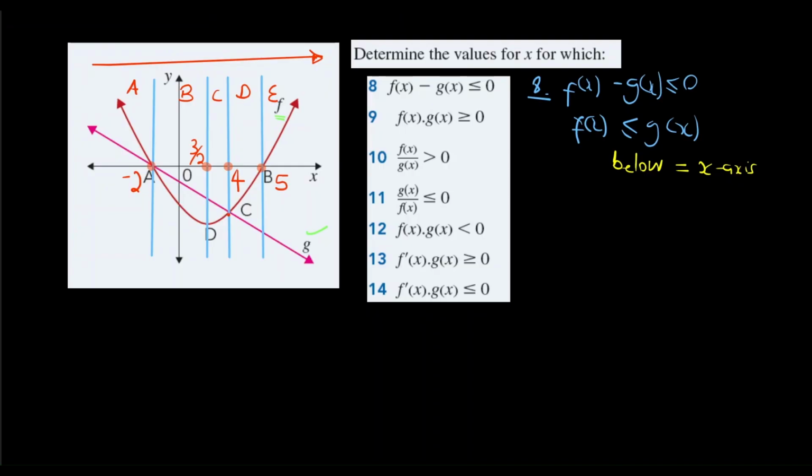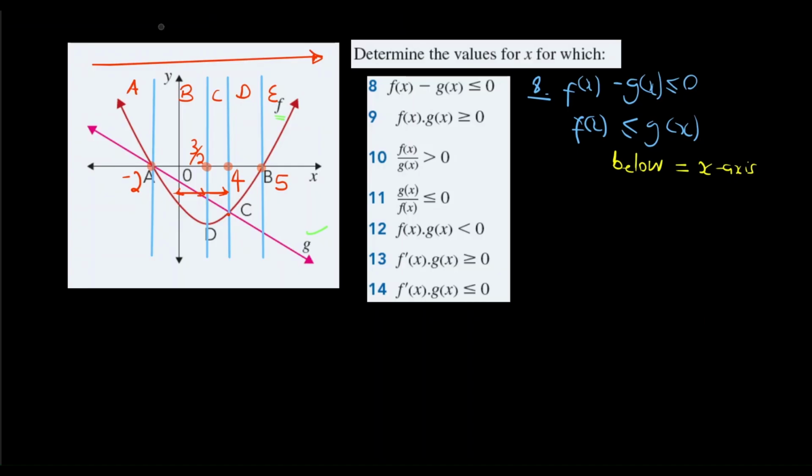So the areas that we're interested in are the entire area B and the entire area C. These are represented by -2 up until 4. So those are the areas where the graph of f is below the graph of g. And how do we represent that mathematically?